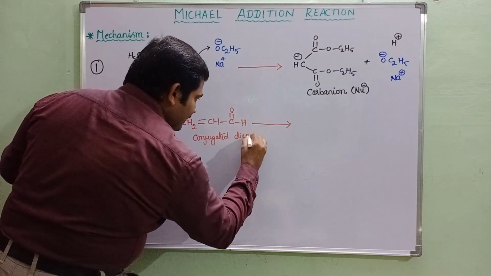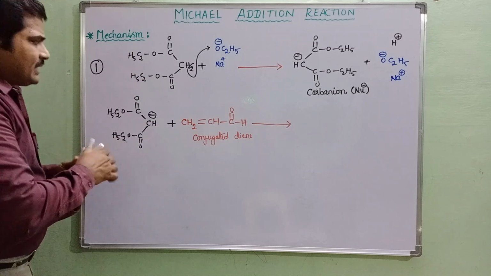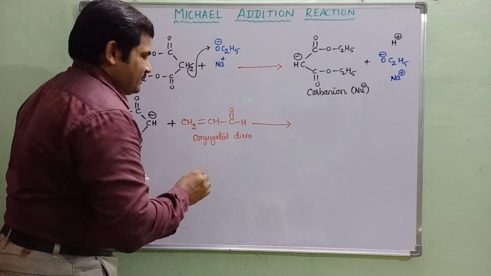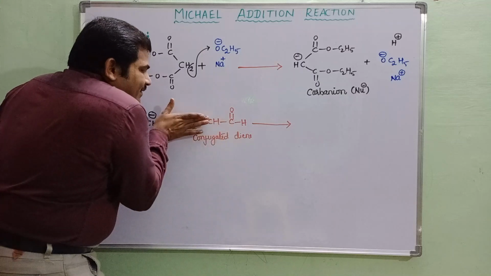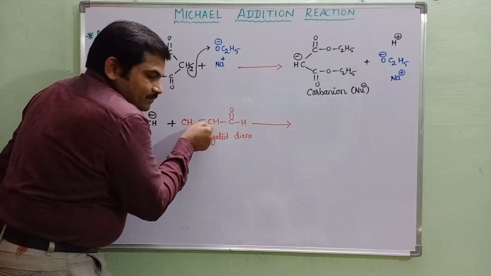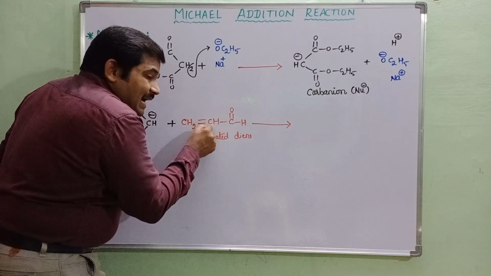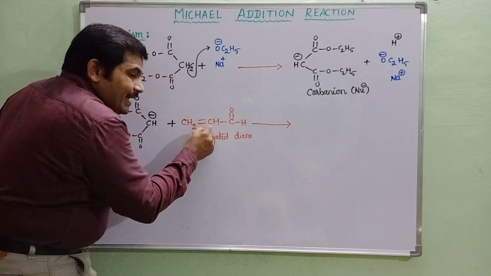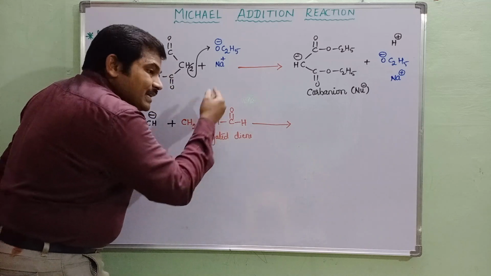Now we have to know one additional concept. In the previous case, this carbon is called the alpha carbon atom. This alpha carbon atom donates H+ ions, thereby this carbon attains a negative charge.